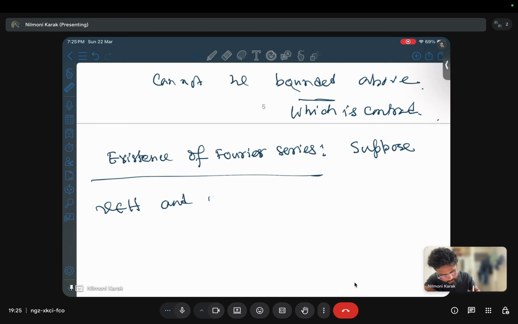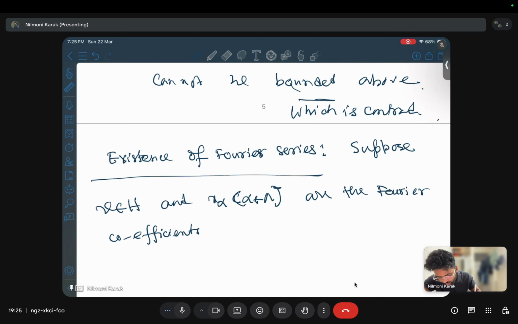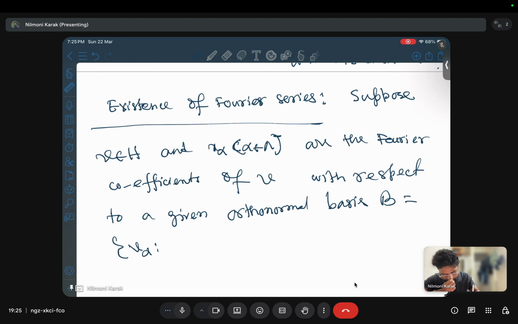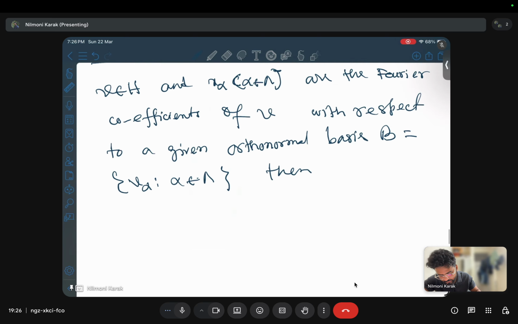And x alpha, alpha belongs to index set lambda, are the Fourier coefficients of V with respect to a given orthonormal basis B equals V alpha, alpha belongs to lambda, then this sum must be convergent, absolutely convergent.